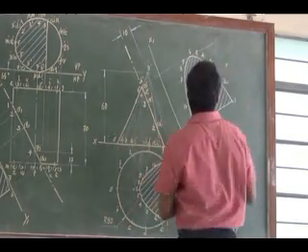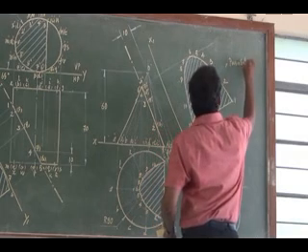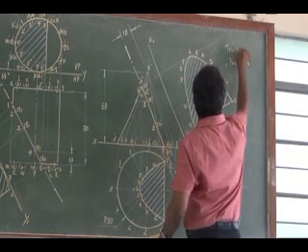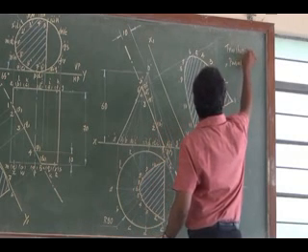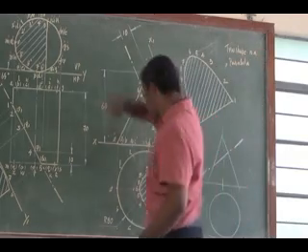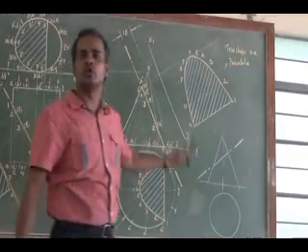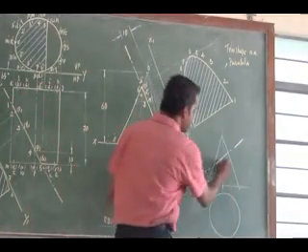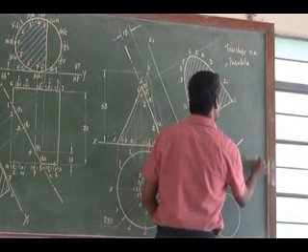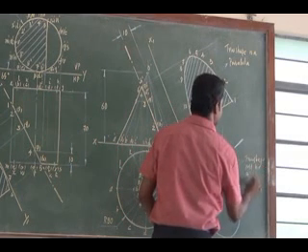This is my parabola. True shape. True shape is a parabola. So in this orientation, the true shape is a parabola. In another case, the true shape will be an ellipse.